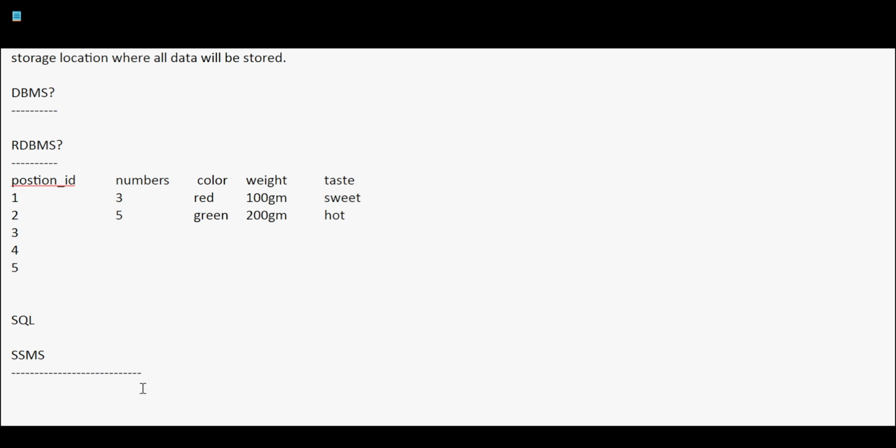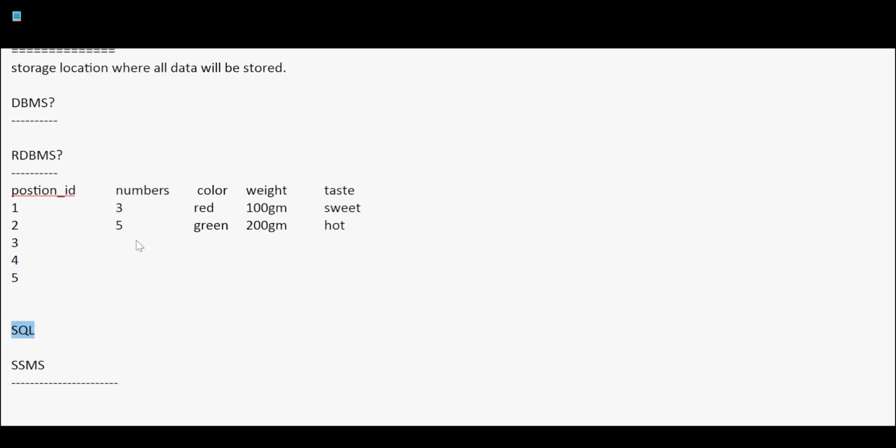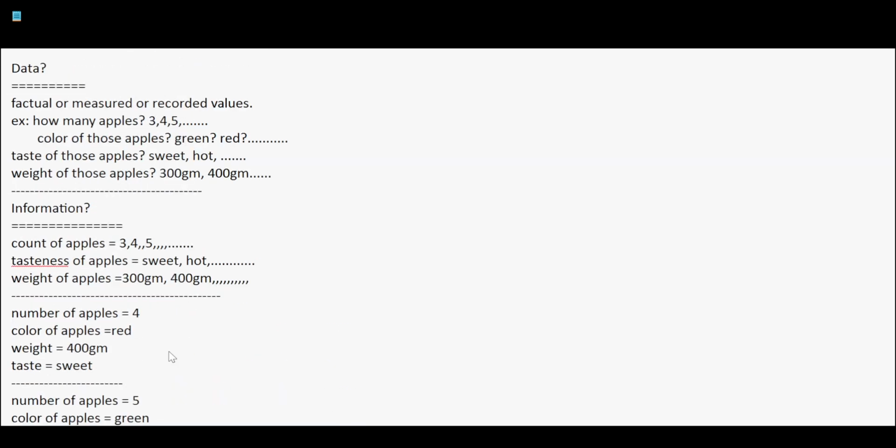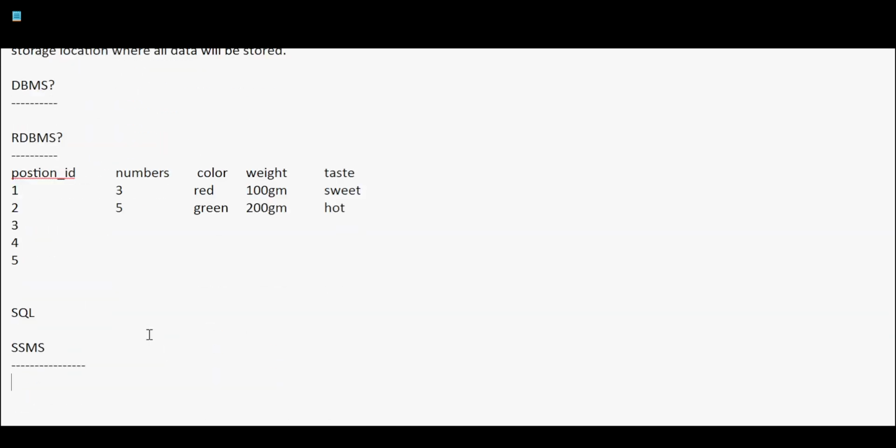In this we normally use SQL as the programming language to communicate with the databases. For example, there are many DBMS, like MySQL, PostgreSQL, SQLite. All are commonly used. SQL is the programming language to communicate with databases.